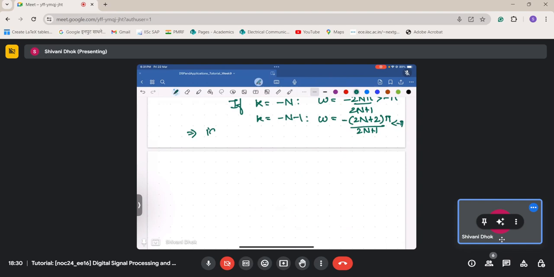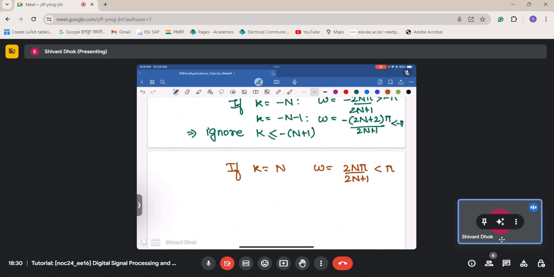Means ignore, for unique range, ignore k less than or equal to minus of n plus 1. Similarly, if k equal to n, then omega is 2n pi upon 2n plus 1, which is less than pi.